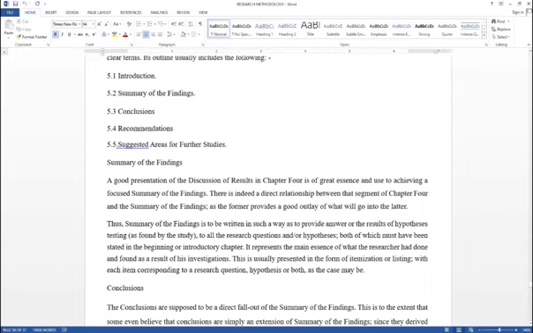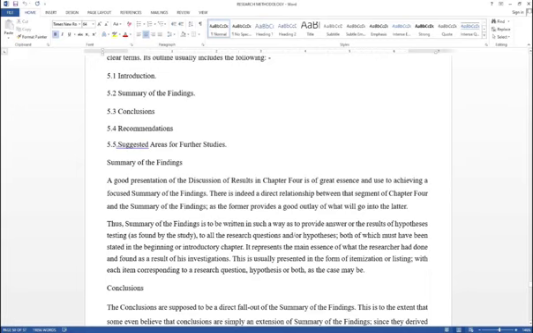Thus, the summary of findings is written in such a way as to provide answers or the result of hypothesis testing as found by the study. Remember your hypothesis. Your summary has to be written in a way that you get the answers to all the research questions and hypotheses, both of which must have been stated in the beginning or introductory chapter.